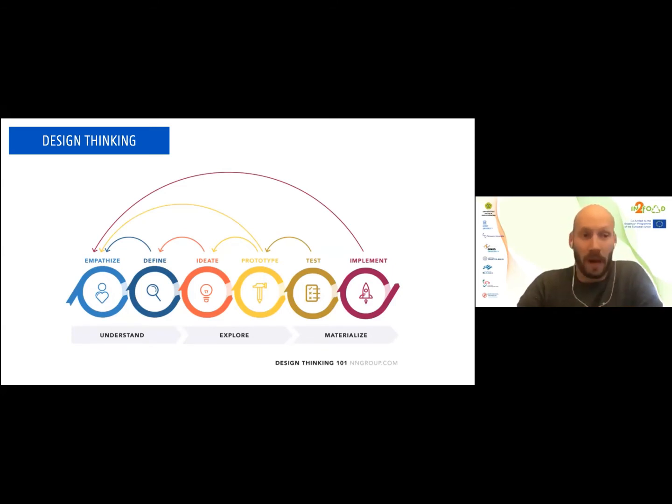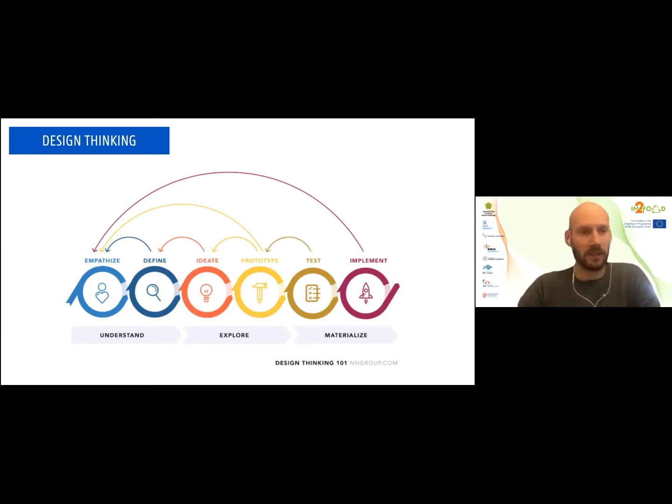So by empathizing, by defining where the problems are situated, by which people they are situated. Then we try to explore. So when we find who we are talking about, when we define their problems, their needs, their desires, we can start by ideating, by exploring different ideas.